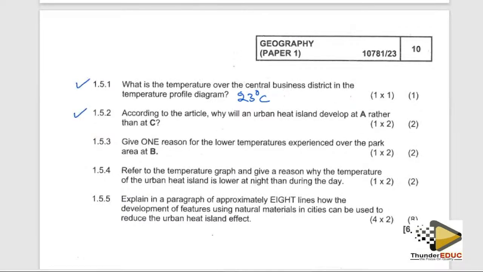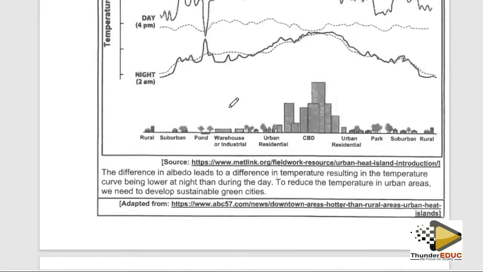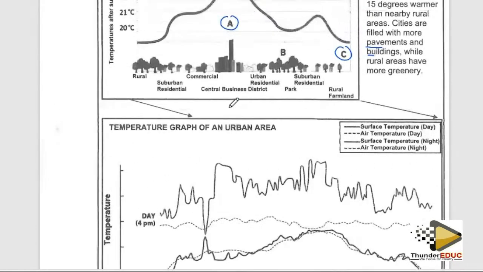We proceed to question 1.5.3, which says, give one reason for the lower temperatures experienced over the park at area B. Let's check area B. So area B, that is the park. You can see at the park, there are a lot of trees, which could be, for example, a green belt.